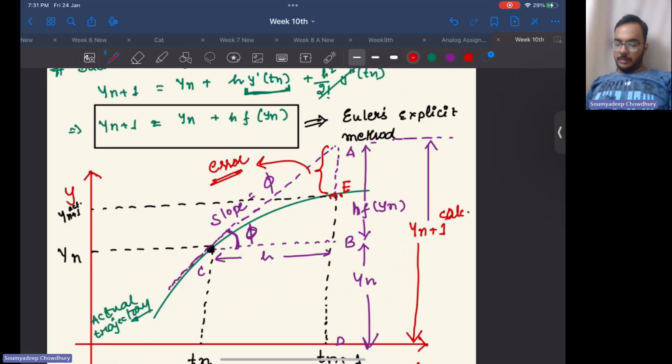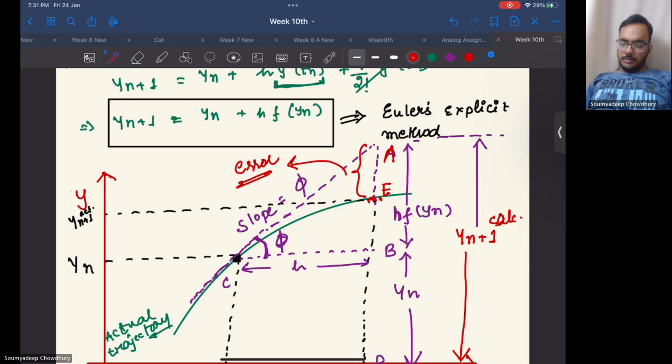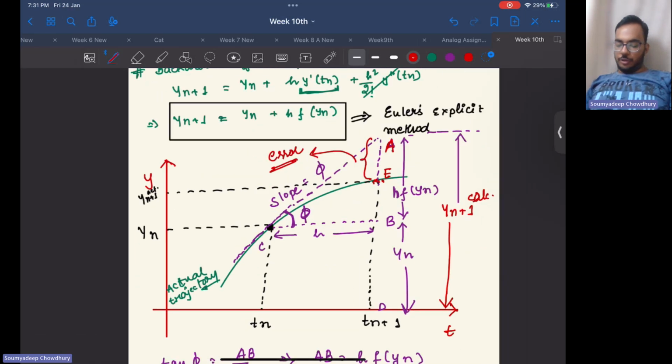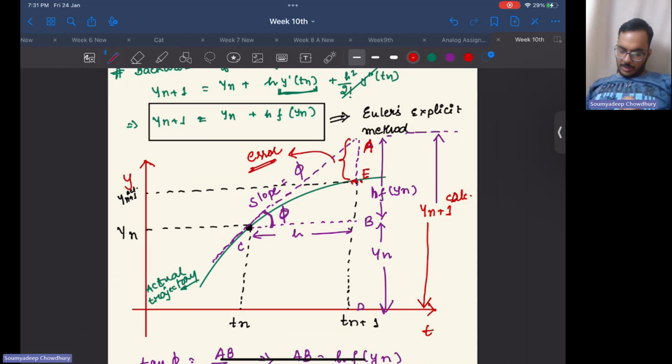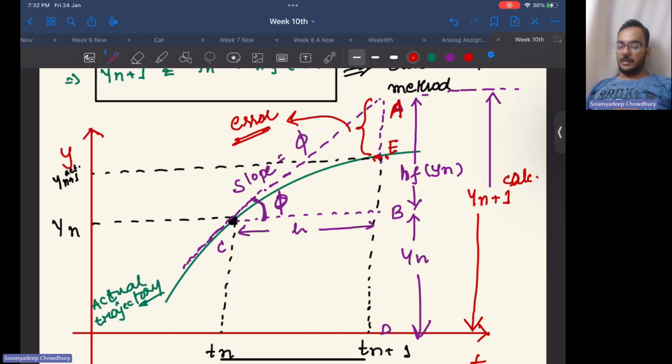So as I was discussing, you can see here the actual value of yn plus 1 and the predicted value of yn plus 1 from Euler's explicit method. There is a little amount of error, and that can be visualized geometrically also. One more thing is this h, the gap between Tn and Tn plus 1. If we reduce this h, obviously the amount of error will reduce. Just try to imagine this.